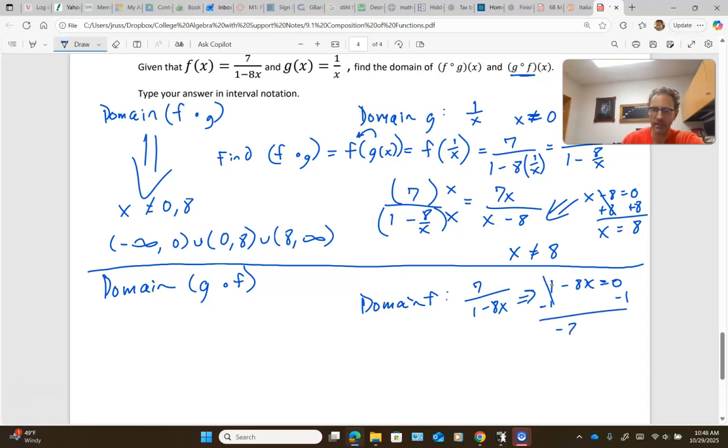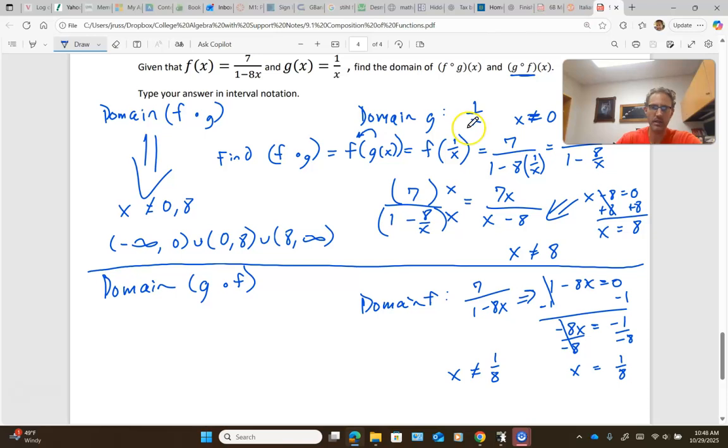And that'll leave us with negative 8x is equal to negative 1. And then we would divide both sides by negative 8. And that'll give us x is equal to, that'll become positive 1/8. Okay? So that is the restriction for the inner function. X cannot be equal to 1/8.